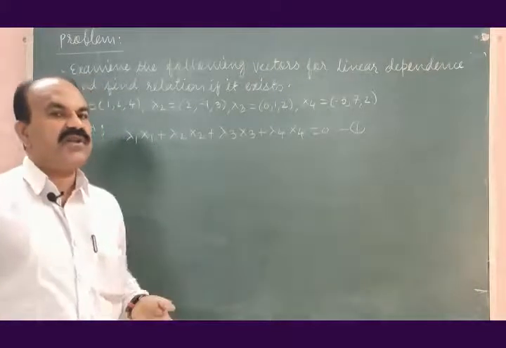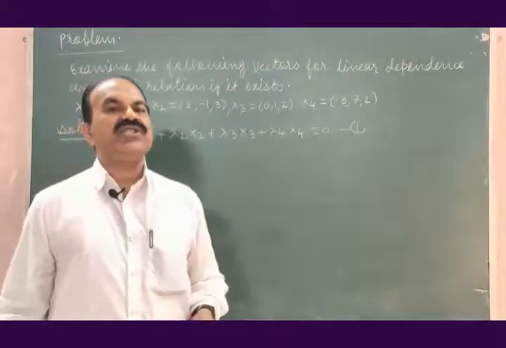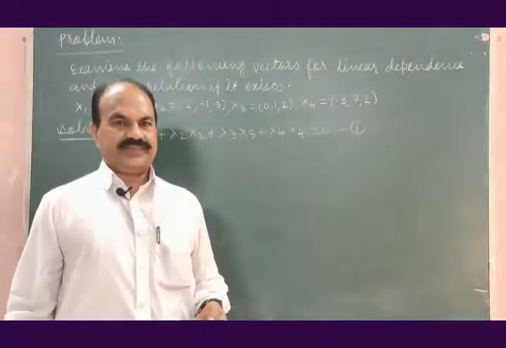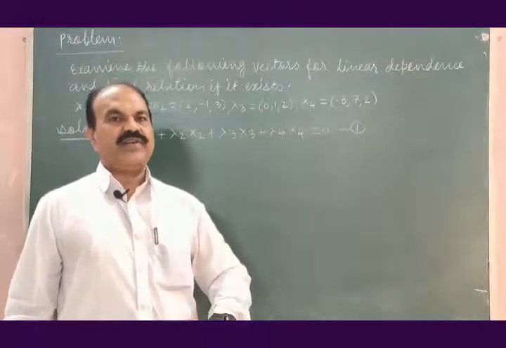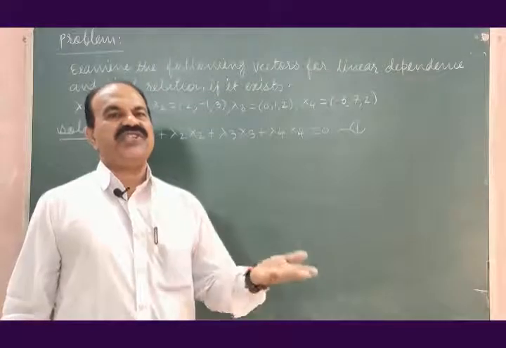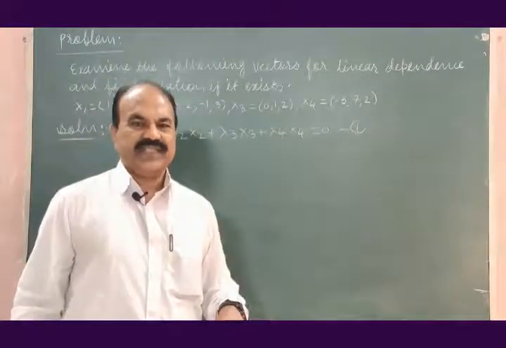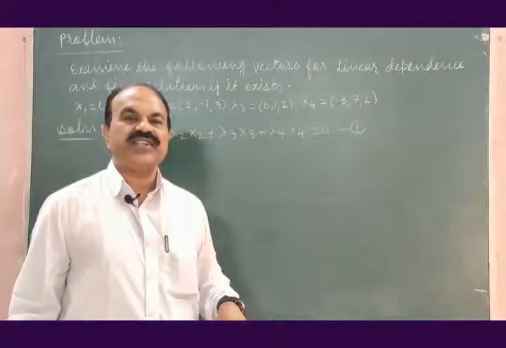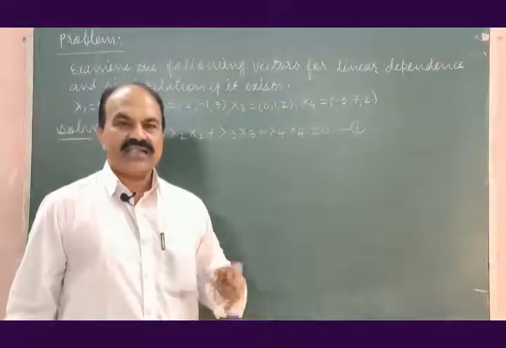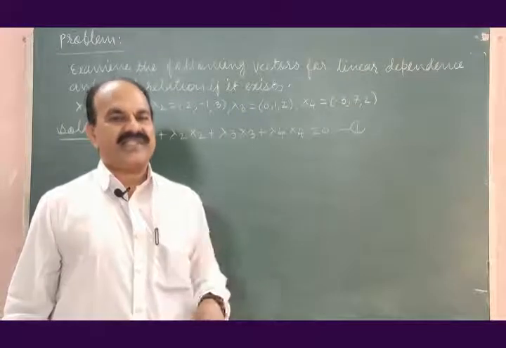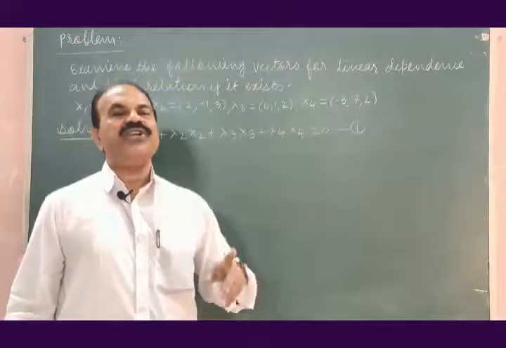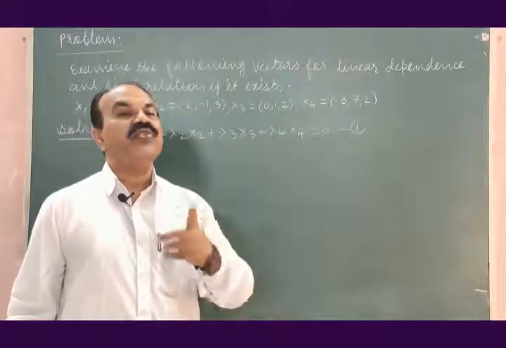This equation is similar to the equations we taught in the earlier lecture: C1 A1 plus C2 A2 plus C3 A3 plus C4 A4 is equal to 0, where C1, C2, C3, C4 are non-zero scalar constants and A1, A2, A3, A4 are the vectors.